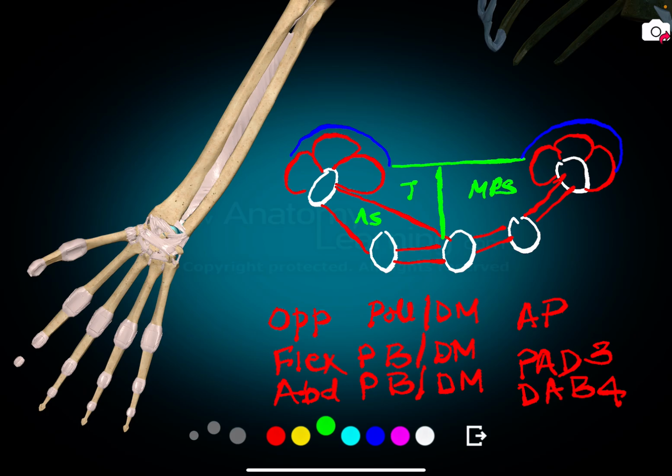Now we place the tendons. There are 4 tendons, 1, 2, 3 and 4, of flexor digitorum superficialis and 4 tendons of flexor digitorum profundus.